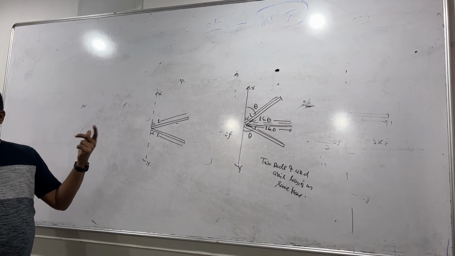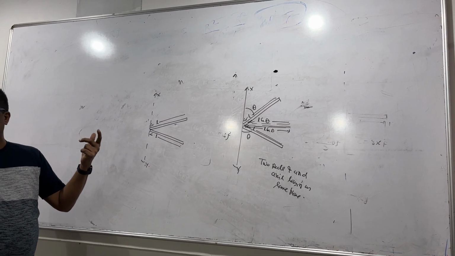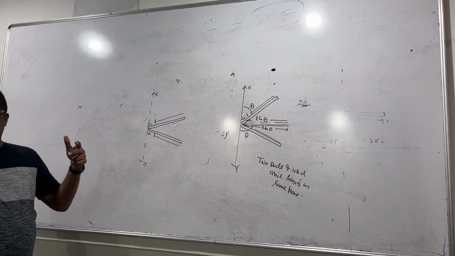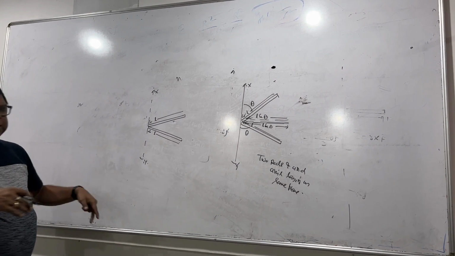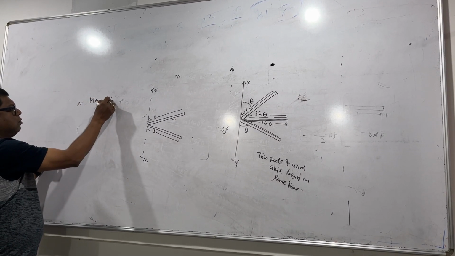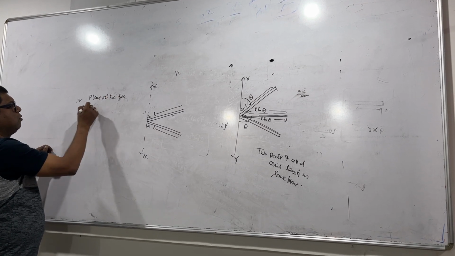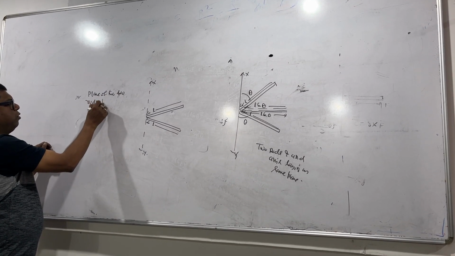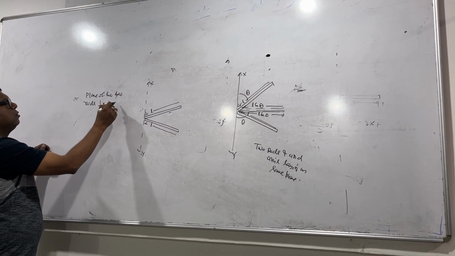The two rods lie in a plane, and the axis is perpendicular to the plane of the two rods, right?